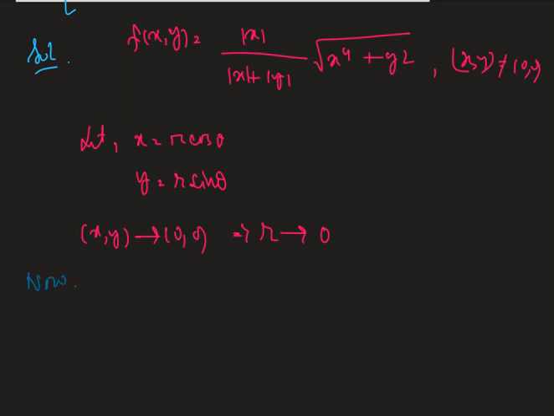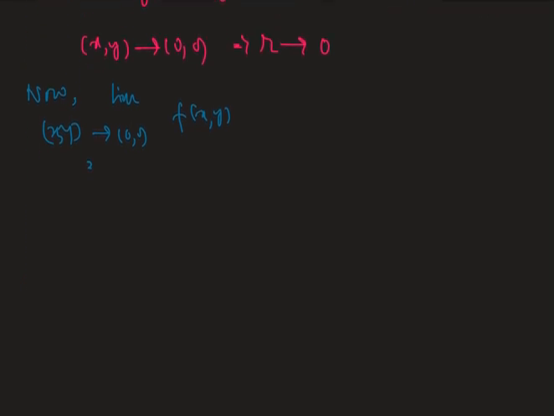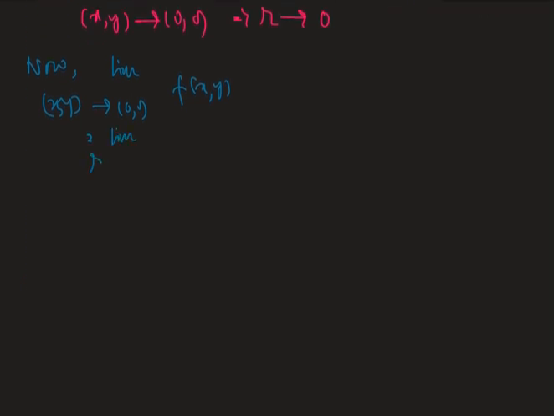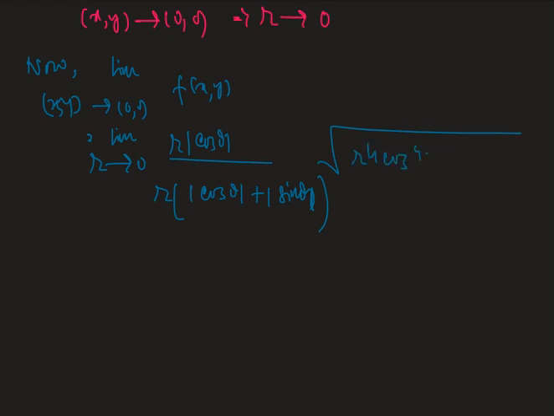Now, the limit as x, y tends to 0, 0 of f of x, y reduces to the limit as r tends to 0 of r modulus of cos theta divided by r cos theta plus sin theta, multiplied by the square root of r to the power 4 cos to the power 4 theta plus r square sin square theta.